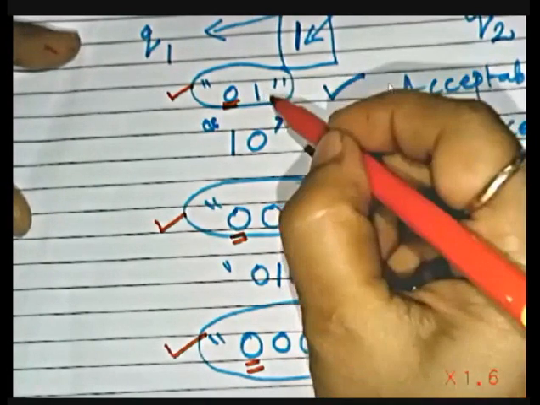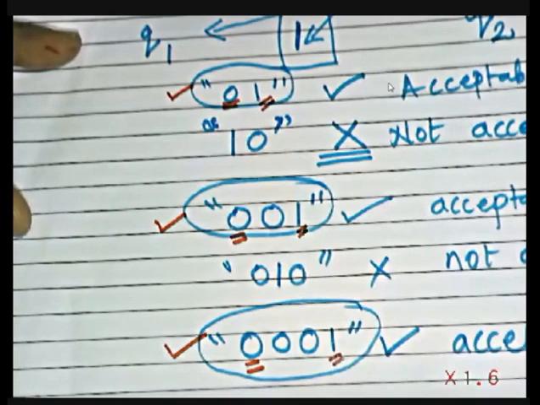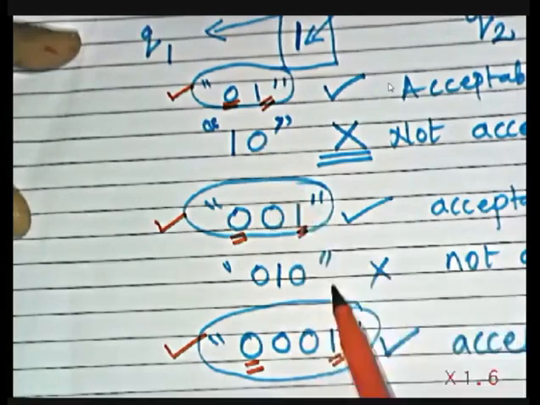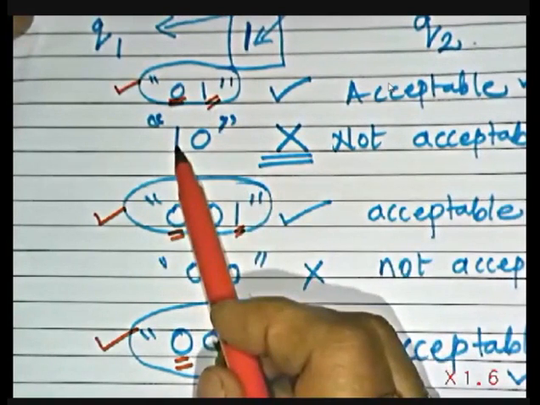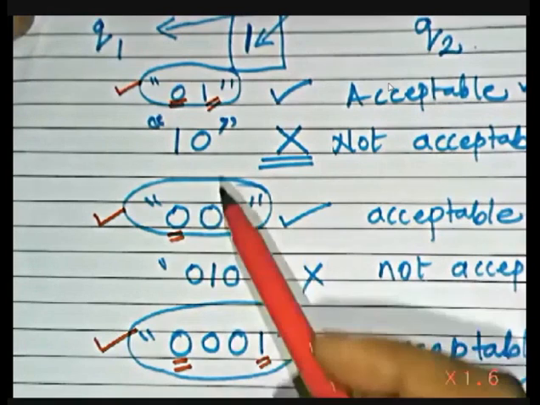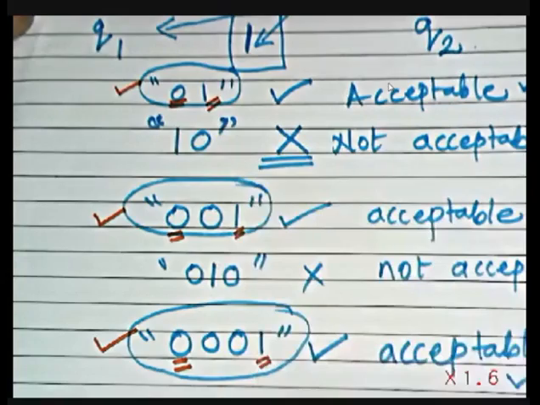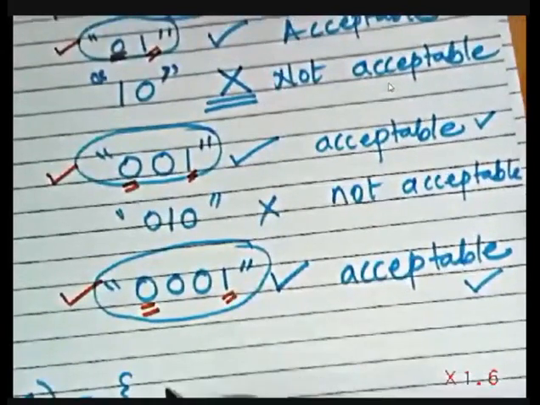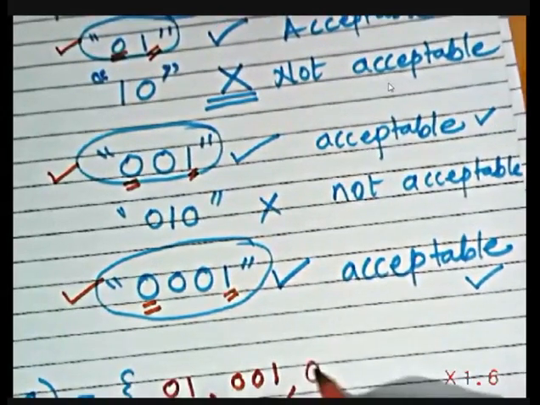And the second similarity is every string is ending with 1, right? Everybody agree? And in other cases where it is not acceptable, this is not satisfying. In this case, its starting is not satisfying. In this case, its starting is satisfying, but its ending is not satisfying. That's why these 2 cases are cancelled. They are not acceptable. So from this, can I write these 3 examples at least? So 0, 1 is acceptable, 0, 0, 1 is acceptable, and 0, 0, 0, 1 is acceptable.